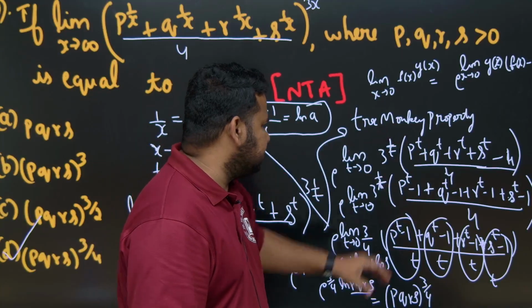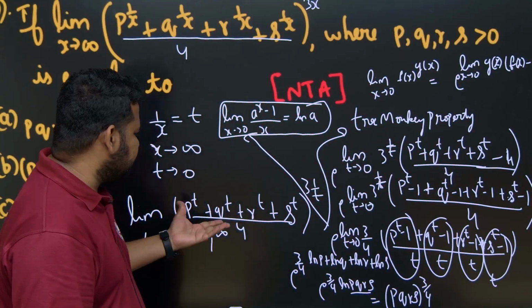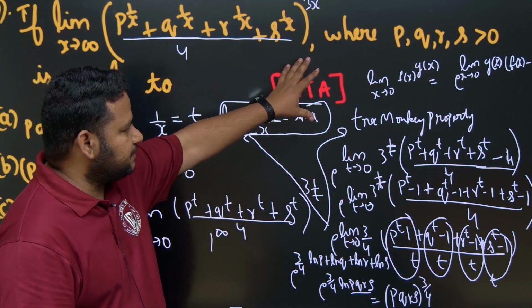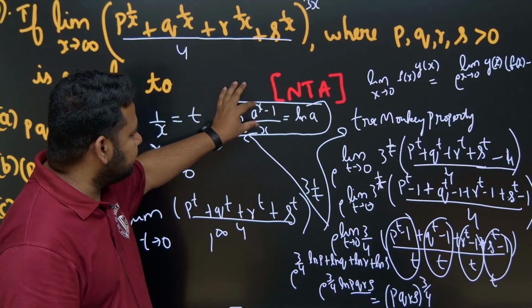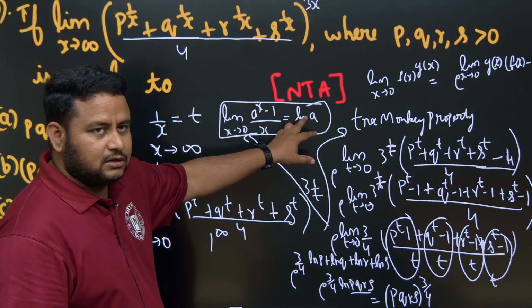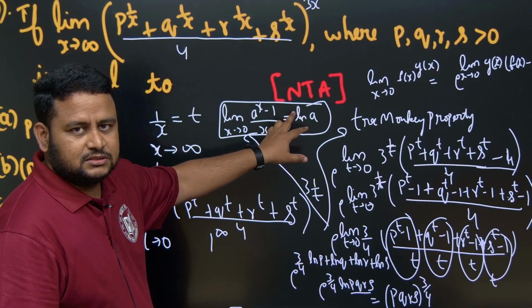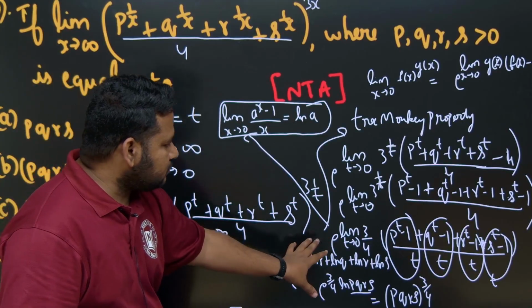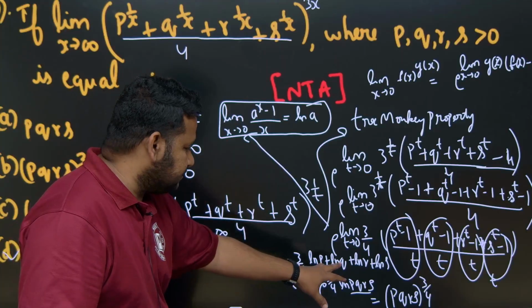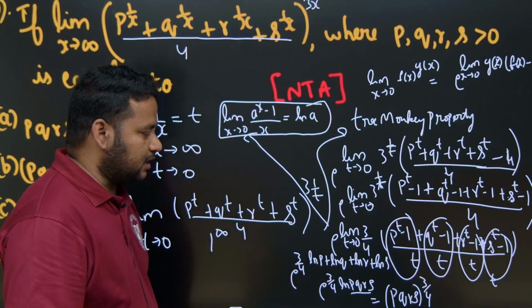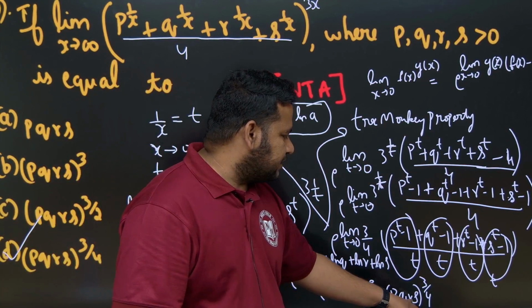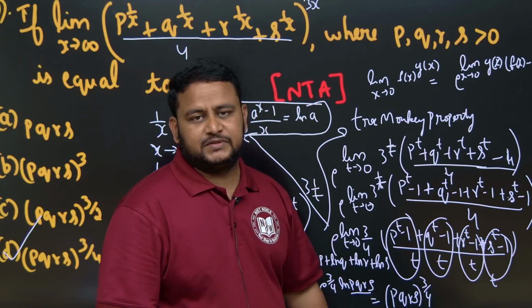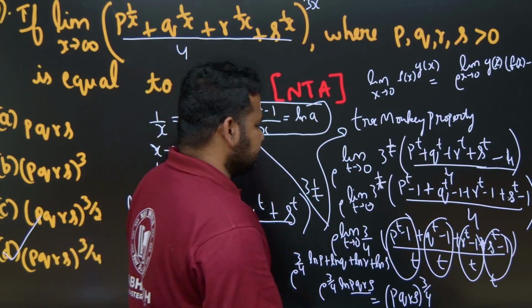First we have 1 to the power of infinity, then we use the Tree Monkey property and bring it to this form, and we get limit a power x minus 1 by x as x tends to 0 is equal to ln a. Then by applying this property we get this one. Then we use the property of logarithm, then the exponential property. Based on that we get pqrs to the power of 3 by 4. This is what we get, friends. That is option D. I think it is done now.